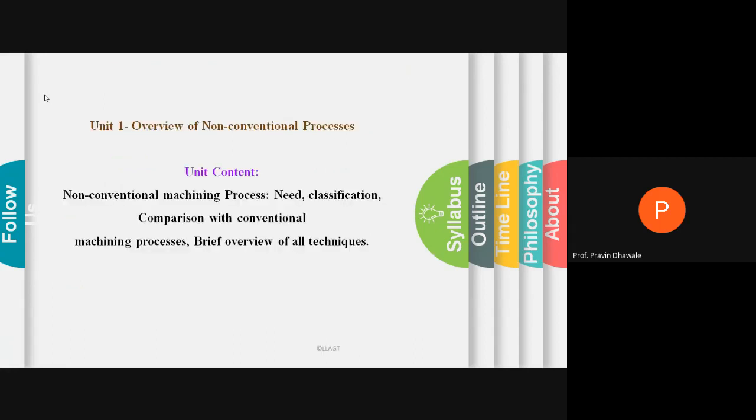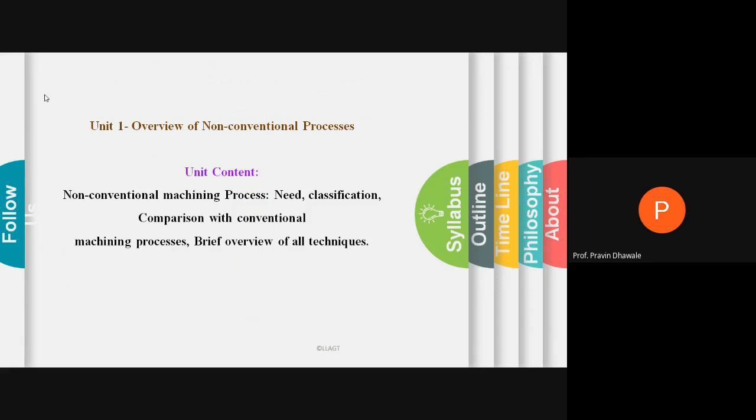Now, from today, we'll start with the syllabus, unit number one, the overview of non-conventional processes. In this chapter, you have to study what the non-conventional machining processes are.